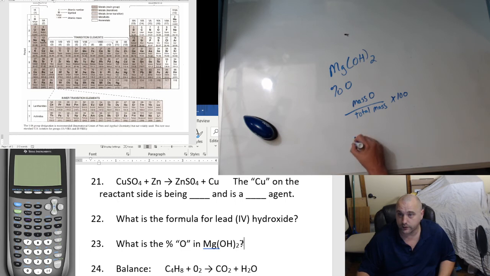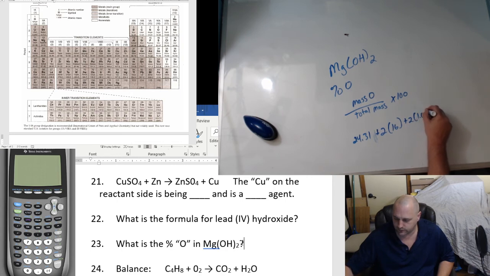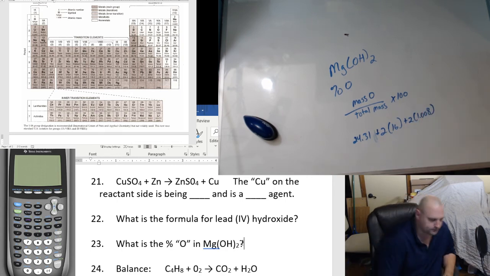That would be 24.31 plus 2 times 16 plus 2 times 1.008. Getting that up on the periodic table.